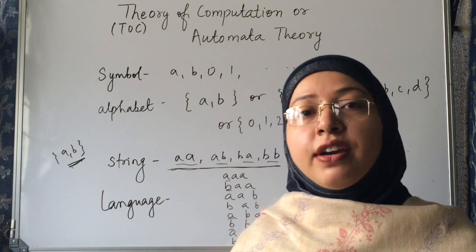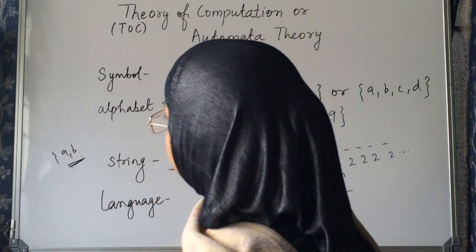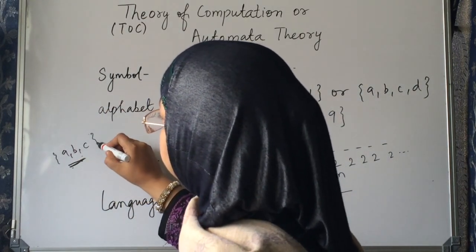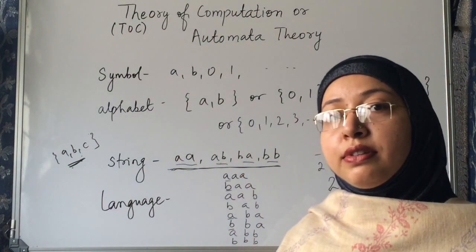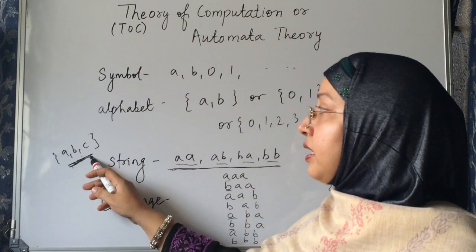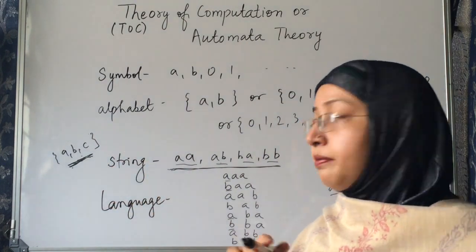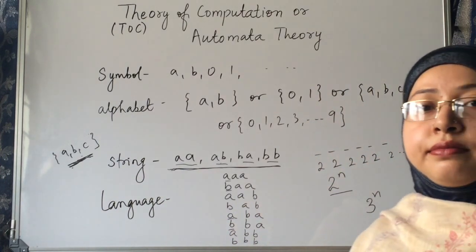Just like that, if I ask you that your alphabet is now A, B, C, then how many strings are possible using this alphabet of length n? Then your answer will be 3 to the power of n.